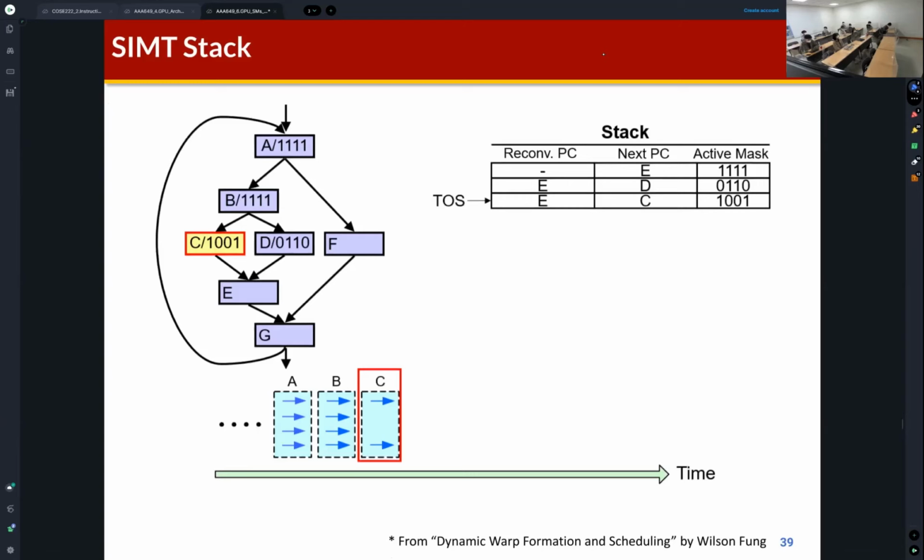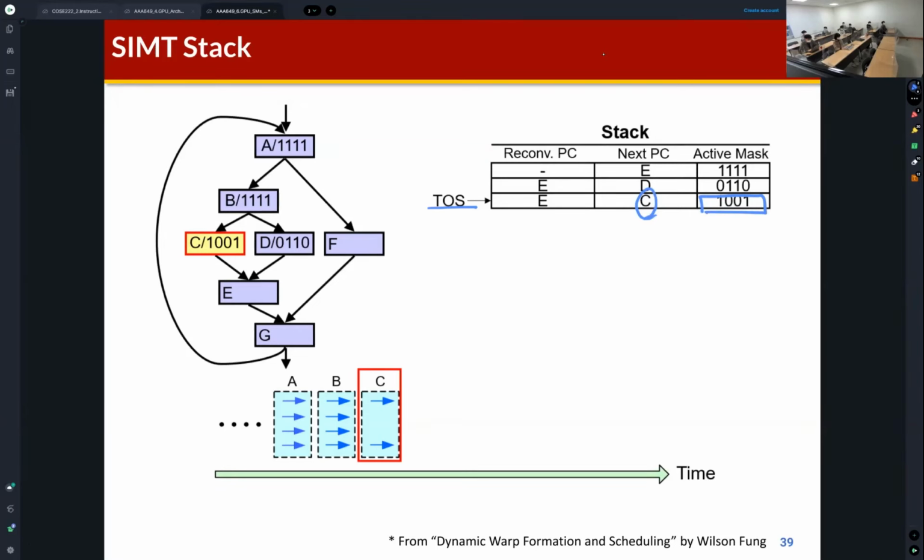When C is executed, the active mask is 1001. When the warp is issued, it reads the active mask from the CT stack, and the top of the stack points to this entry.